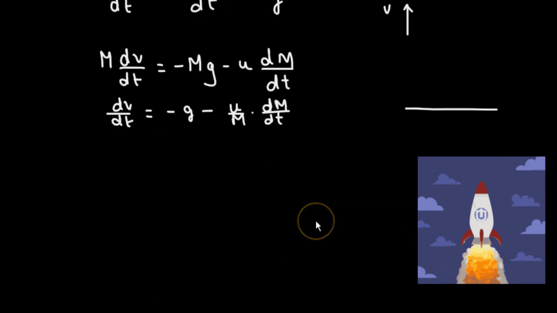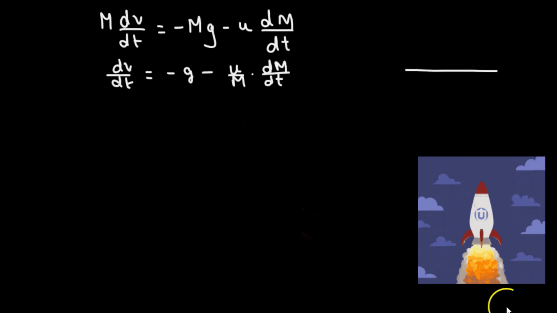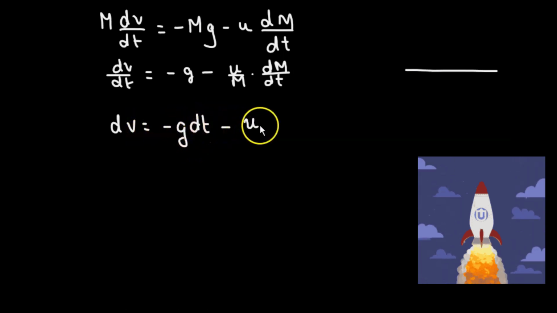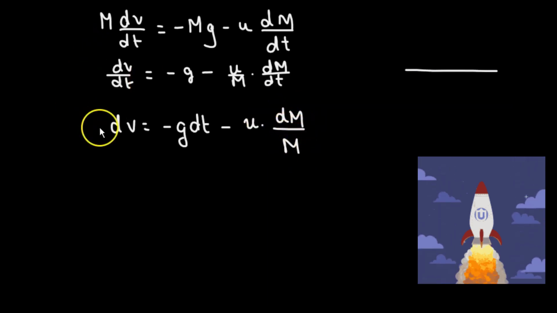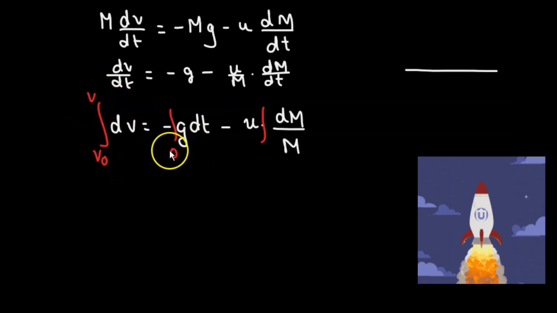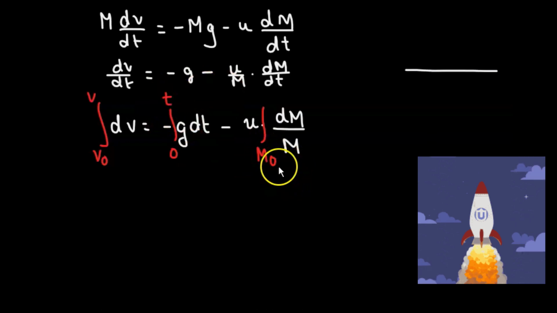Separating the differentials, we get dv equals negative g dt minus u times dm over m, and then we integrate. The limits of velocity will be from v naught to v, time will run from 0 to t, and mass will start from m naught and reach a value of m.